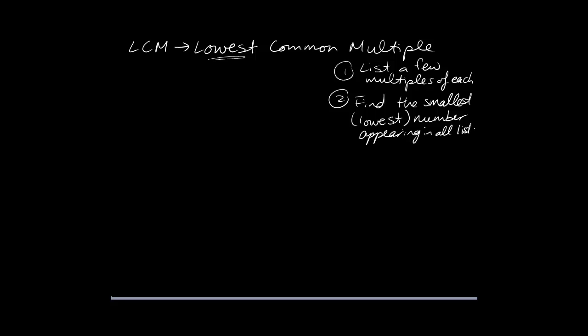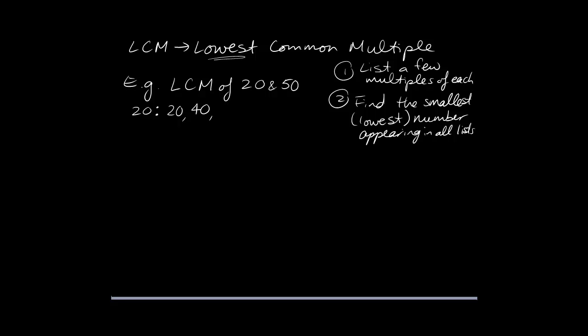Okay, so let's have a look at some examples. Suppose we needed to find the lowest common multiple of 20 and 50. So first step is to just list some of the multiples of each of those numbers. Remember, it is not an exact list when it comes to listing multiples. By rule of habit, we tend to list around 5 or 6 of them to see where that will lead us.